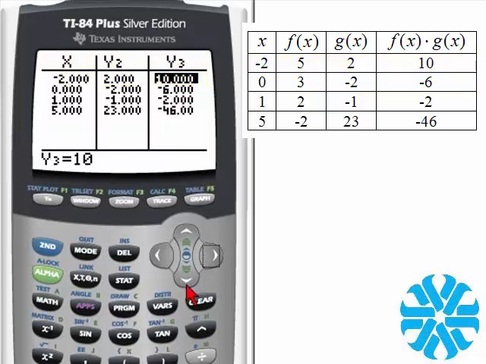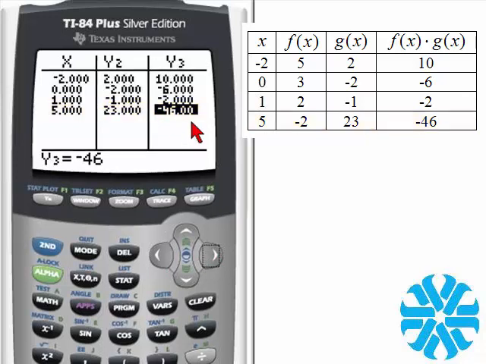Okay, since you understand what's happening now, let's move over to y1. So the product of y1 and y2 is simply minus 2 times 23, which would give us a negative 46. So let's scroll over to y3, and there's our negative 46.